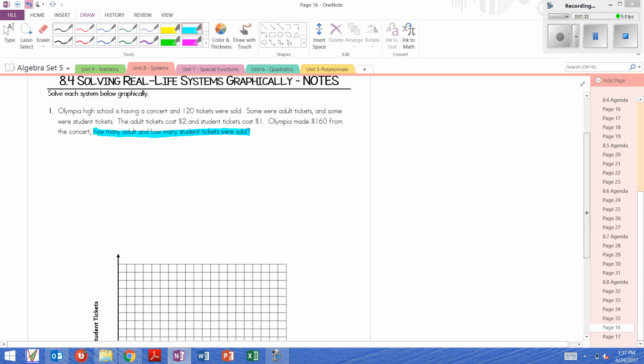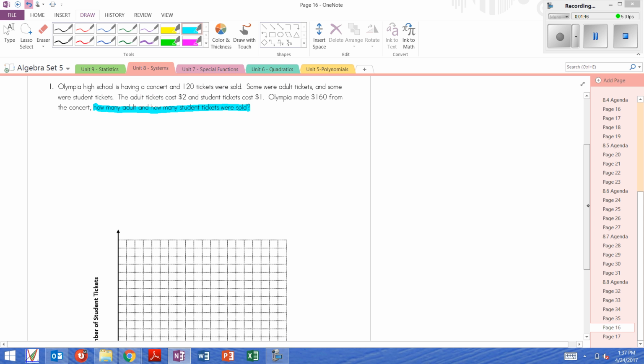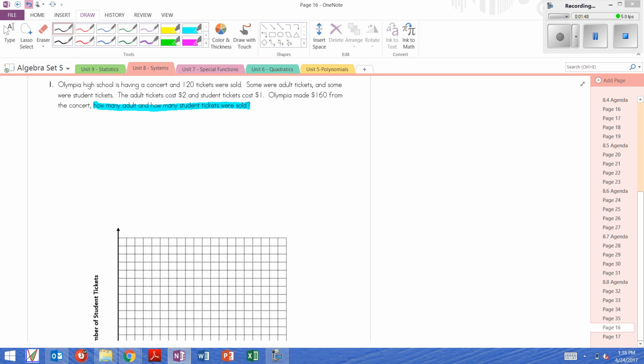Another thing that you can really use to your advantage, sometimes it works, sometimes it doesn't, is you can look at the graph. Notice how they told you that X is the number of adult tickets and Y is the number of student tickets. So right up here in this question, I'm going to say that X is going to equal the number of student tickets.